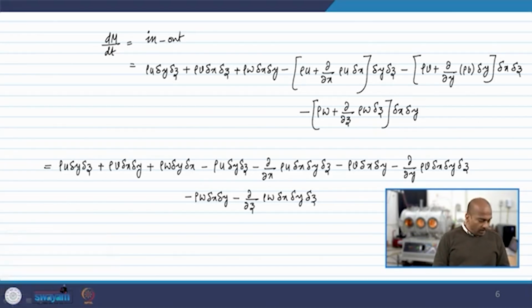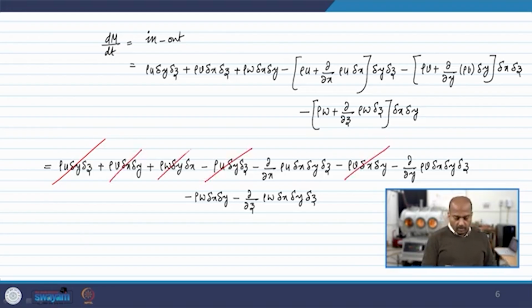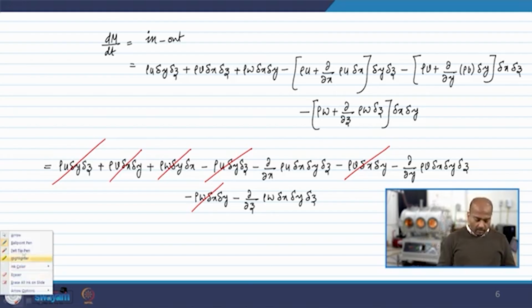Now, we can see that some terms will of course get cancelled. This term will get cancelled, this term will get cancelled, this term will get cancelled, right. So, what are we left with? We are left with the remaining terms.